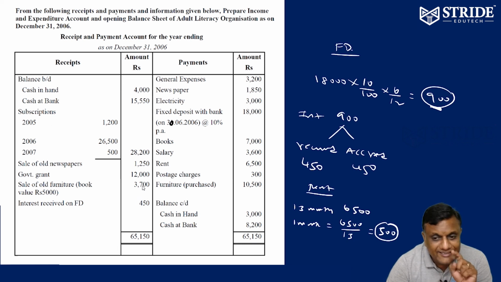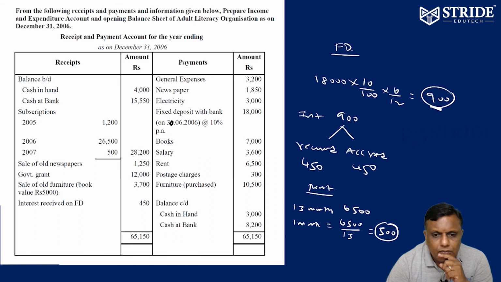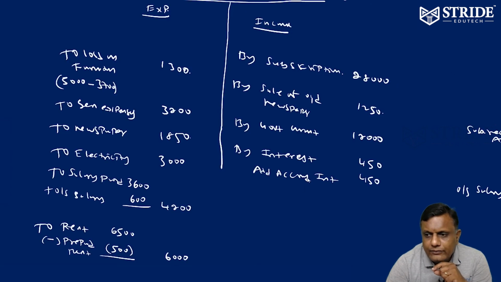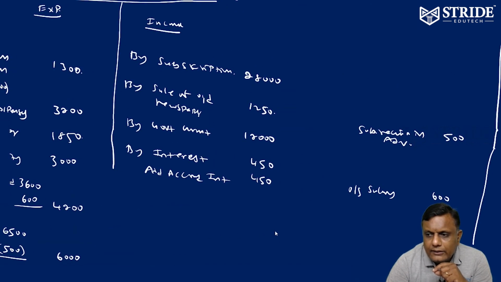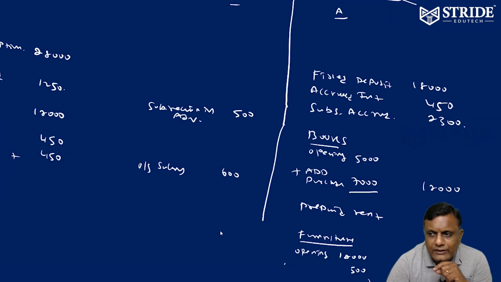Received 3,700 as cash receipt, so 1,300 is a loss. That loss is already posted here. Interest received, accrued, adjusted, already posted. General expenses posted. Newspaper expenses posted. Electricity posted. Interest already adjusted, 450 plus 450, so 900 we have posted. On the balance sheet side, FD 18,000, and 450 accrued interest we have shown.